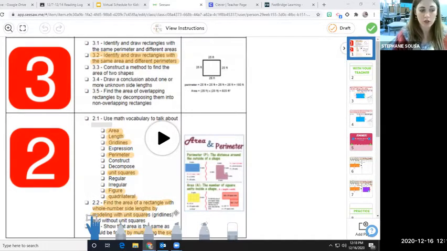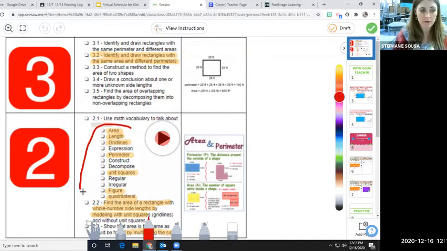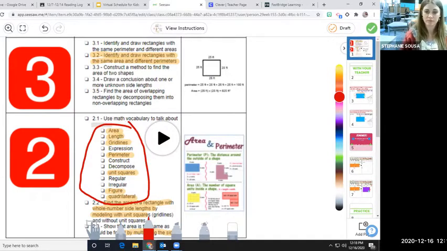I want you to look at these lovely vocabulary words here and think about which word you are going to use in your breakout rooms. Okay, so think about that. And we will get ready to pick up with where we were yesterday.